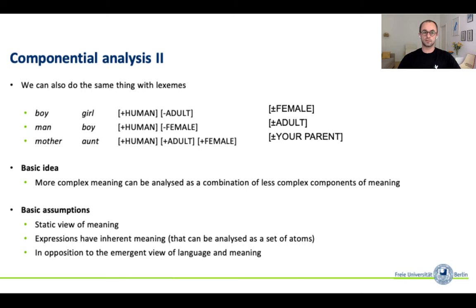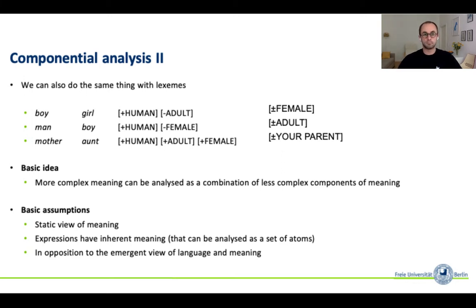And it is also in opposition to the so-called emergentist view of language and meaning, which says that meaning cannot be understood without its context, without the interaction of which it is part. But if we are happy with these basic assumptions, and for many purposes we can accept them, we can work with componential analysis of meaning and with semantic features.